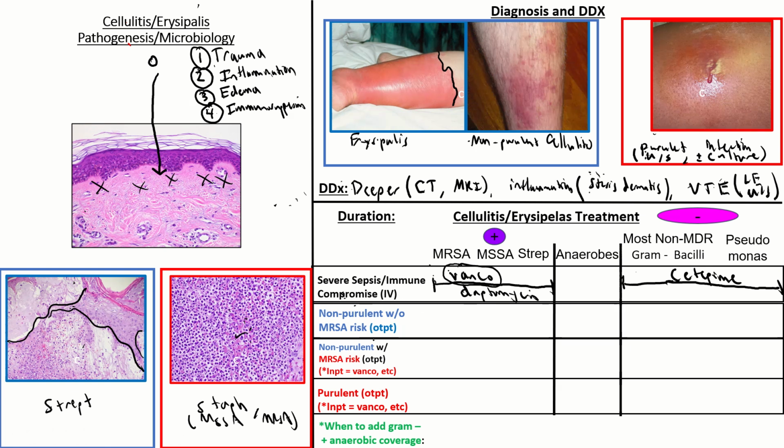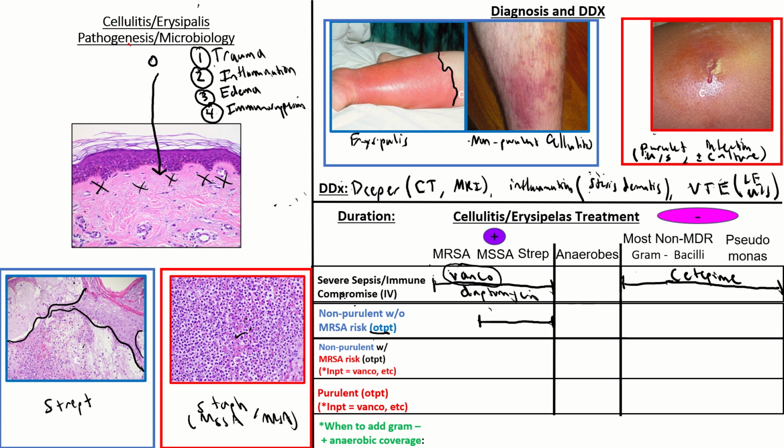I'm going to go through your outpatient or subsequent narrowing of the antibiotics above if you're not able to narrow based on cultures. So for non-purulent without MRSA risk factors, those patients by and large are going to have infection secondary to strep. Now you are still going to pick antibiotics that cover MSSA just in case.